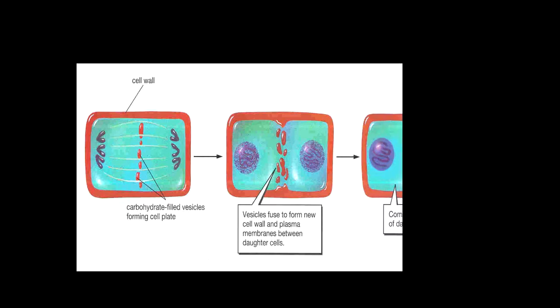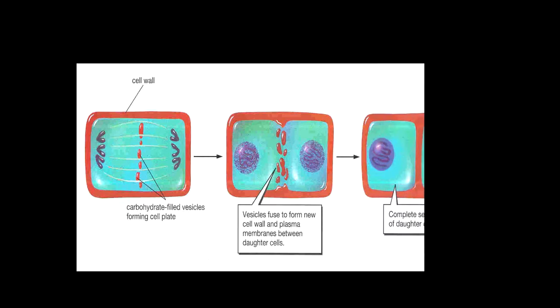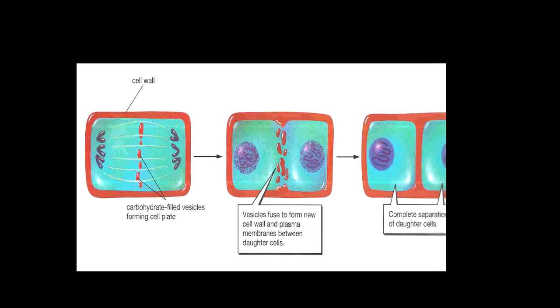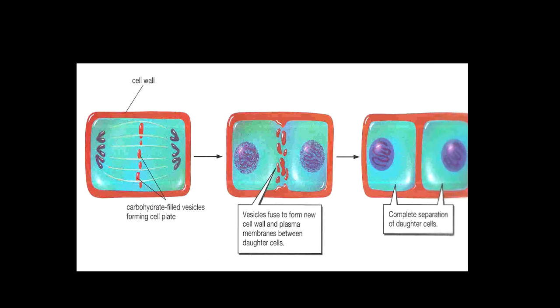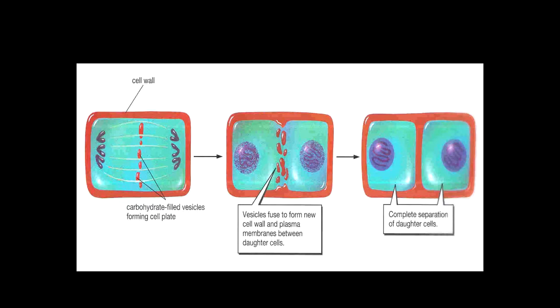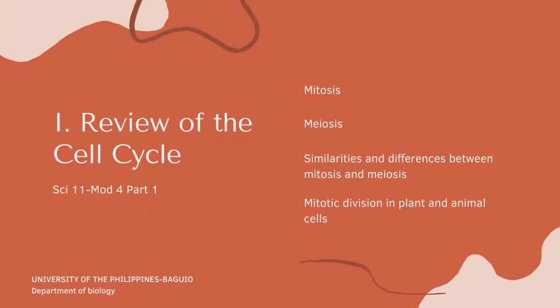So you do not observe a furrow forming among plant cells. As these vesicles fuse, it is from the inside towards the outside until a complete separation of the daughter cells is accomplished. From that review, I hope that you already gained a mastery between your mitosis and your meiosis.